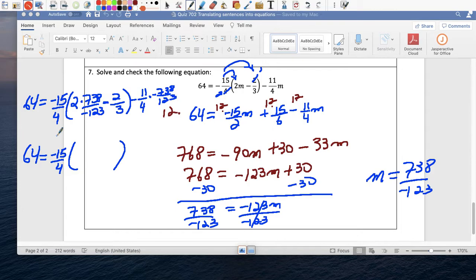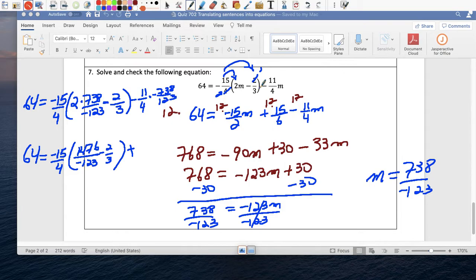So 2 times 738, enter, is 1476, over negative 123 minus 2/3. And then over here, minus, and then I'm going to multiply that, so it's going to be positive, because a negative and a negative is a positive, and it's going to be some really ugly number.